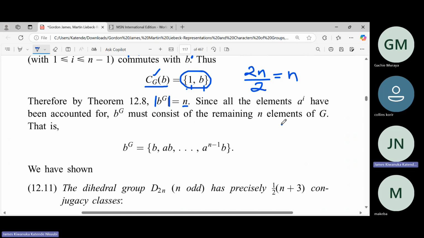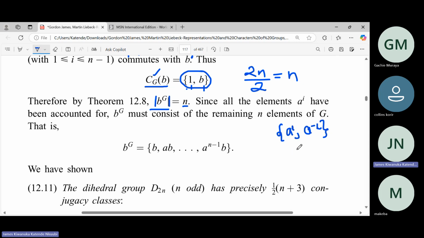All the elements of the form A^i, we have accounted for them because they pair up to make conjugacy classes. And remember, conjugacy classes are disjoint, so these elements cannot appear in any other conjugacy classes. Since they're all taken, the only other elements remaining, we know that the size of this conjugacy class is n, so it must take up these ones.